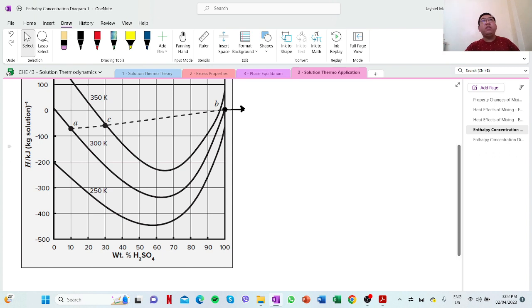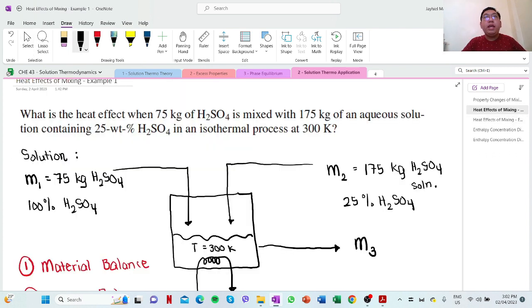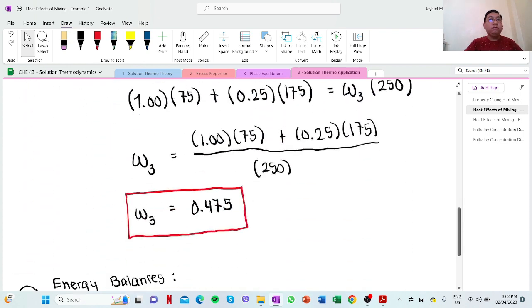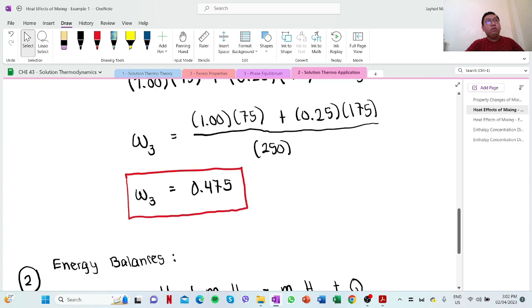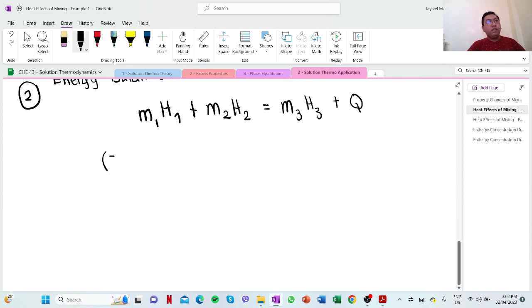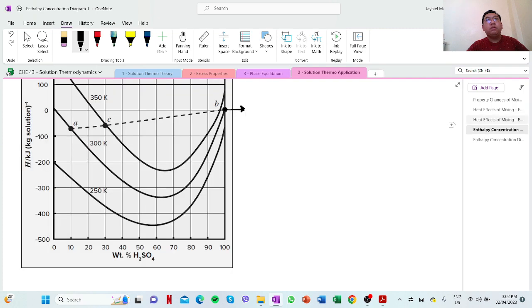Okay, it's an arbitrary assumption, so you are going to apply that one. So we have the value of 75 kilograms, and we don't have the value for H1 because in our diagrams it was arbitrarily set to 0 for pure substances. What's the unit again? Kilojoule per kilogram.